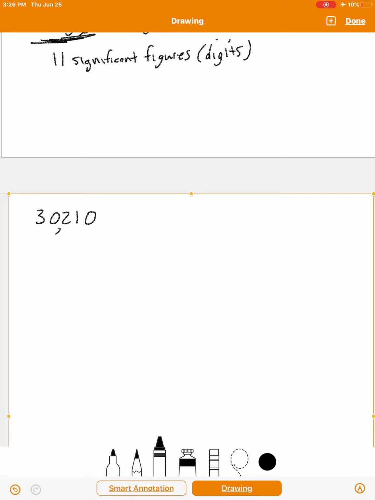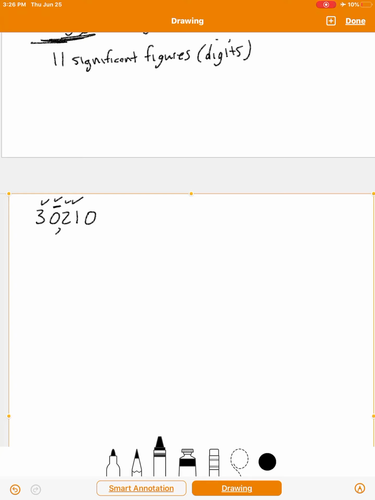The decimal point is the difference between the ones column and the tens column. So here we go. We have the 3, the 2, and the 1. Those are definitely significant because they're between 1 and 9. There's a 0 in between the 3 and the 2, so that's significant. Now, the only issue is this 0 at the end. There is no decimal point shown.